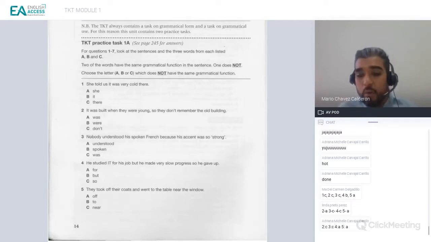And the one that doesn't have the same function because it's not the same part of speech is letter C. Number 2 is letter C. Don't is an auxiliary verb. Was and were are not auxiliary verbs. They are the verb be and they are the main verbs. Okay?